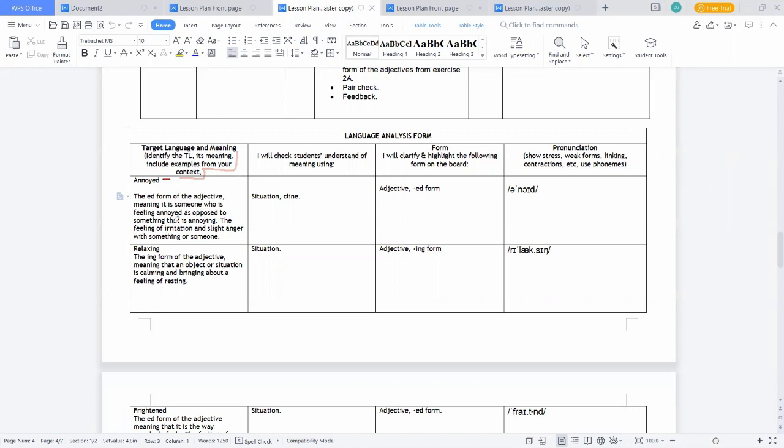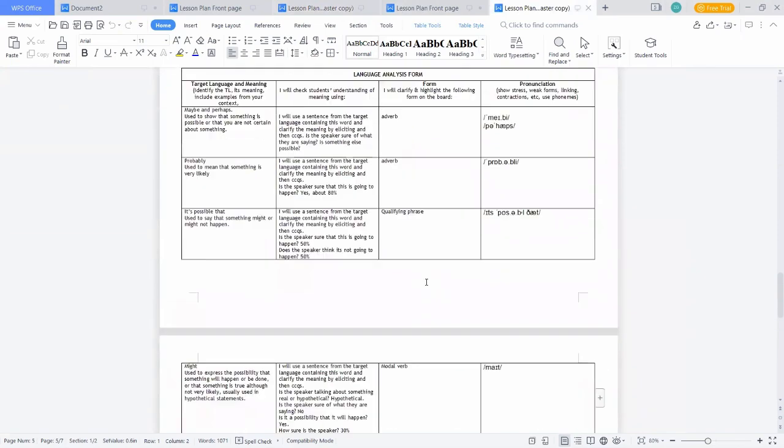I specify that annoyed is the word we use for the person rather than something that is annoying. I think about how I can check my students' understanding of the meaning. So here I have a situation as my example. So this could be a few different things.